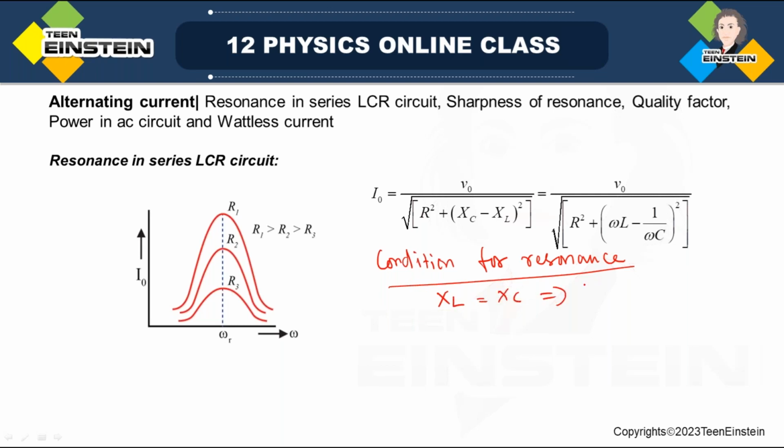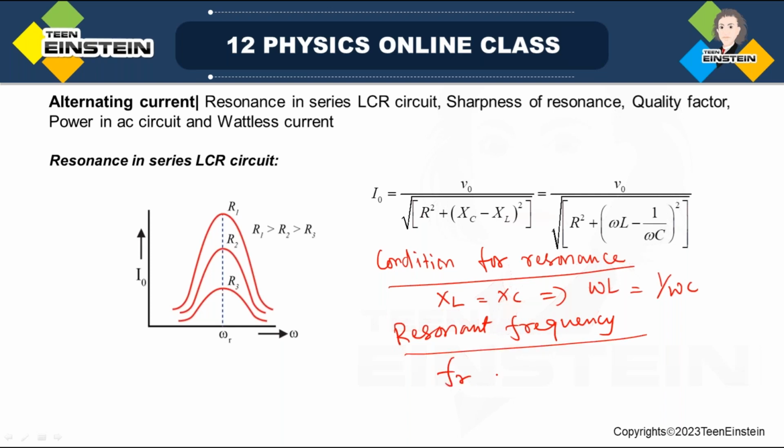That implies omega L is equal to 1 over omega C. From here we get the resonant frequency, say FR, which is 1 over 2 pi root LC. This is the resonant frequency.